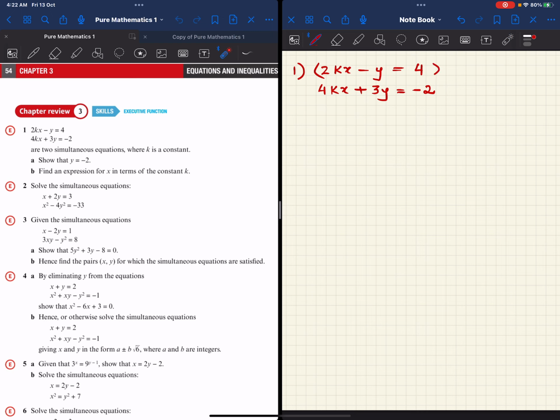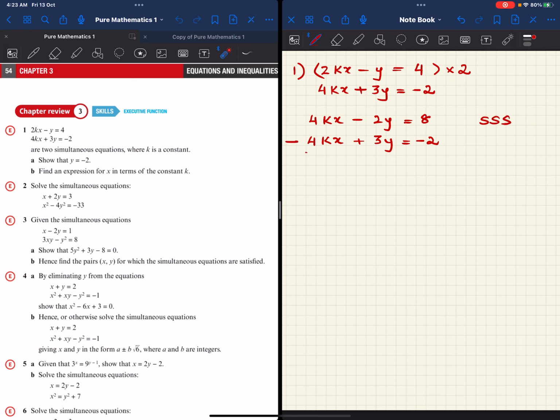Multiplying by 2, now we have 4kx minus 2y is equal to 8, and the second equation remains as it is, 4kx plus 3y is equal to negative 2. Now both the terms that have to be eliminated have the same sign, so same sign subtract.